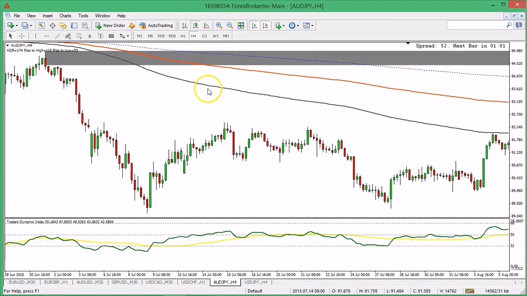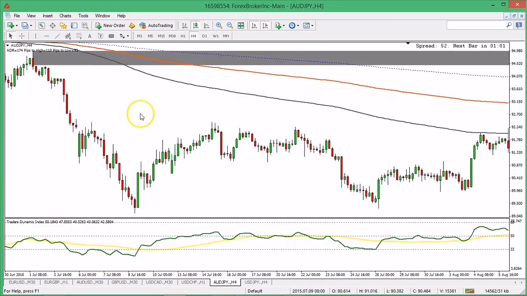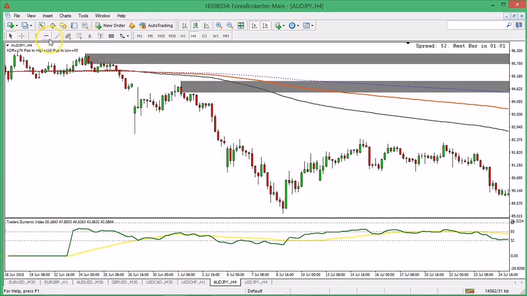The ideal formations would be, let me see if I can do it on here. So you would be looking for double bottoms.